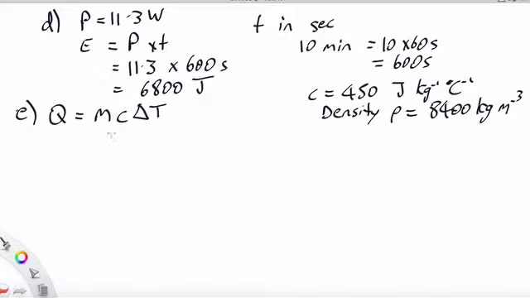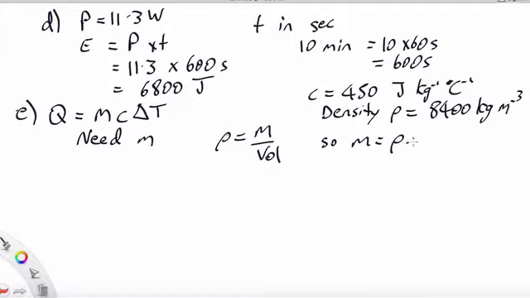So we know the specific heat, we know the energy, we want to work out the rise in temperature, so we need the mass. Now we know that density equals mass over volume. So mass equals density times volume. Now the volume is just the cross-sectional area times the length. Now we worked out the cross-sectional area.